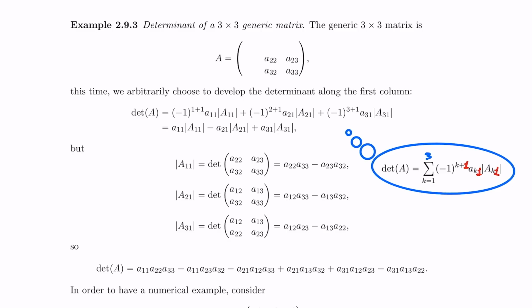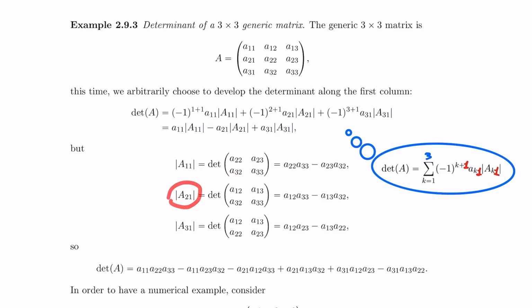As you see, the matrix that you obtain is this one here, and if you want to compute the determinant of this matrix, you can use the formula that we have computed in the first step, and so it will be a22 times a33 minus a23 times a32.